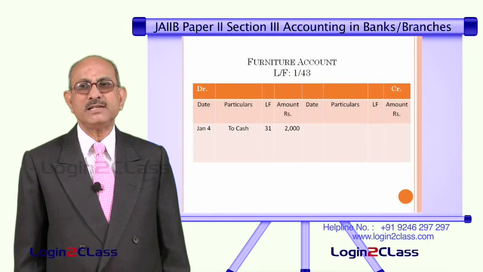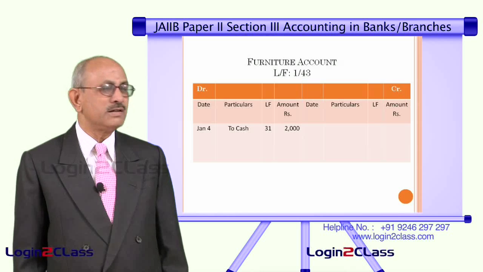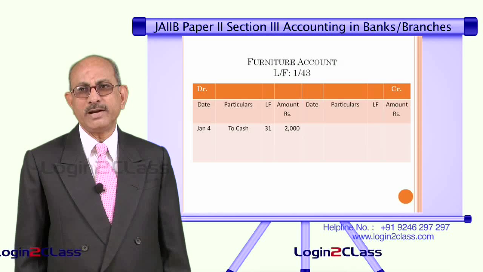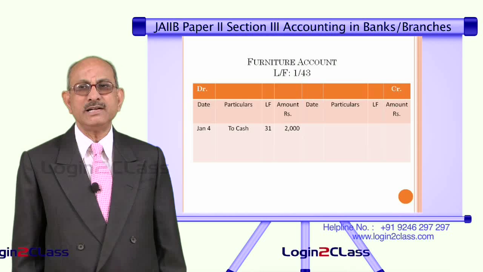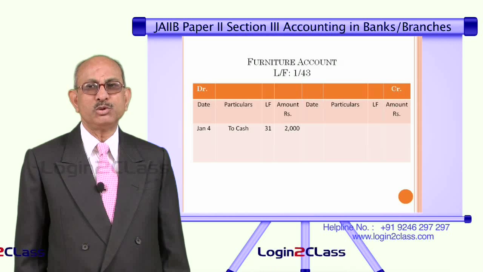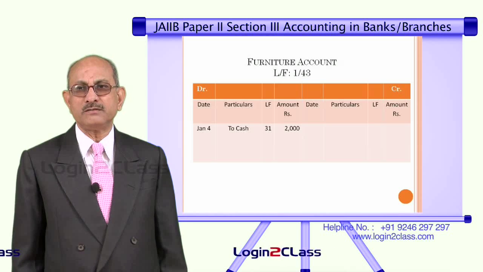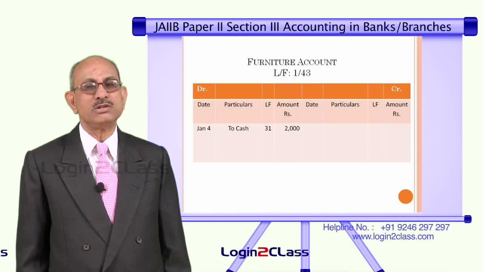Then when you come to furniture account, even this furniture account, there was only one entry where furniture was bought for cash. So we had debited furniture account and credited cash. So on the debit side of the furniture account, we post this entry as 2 cash, mentioning the folio number of the cash account and the amount.